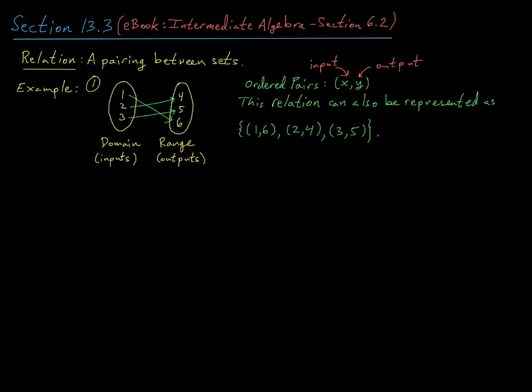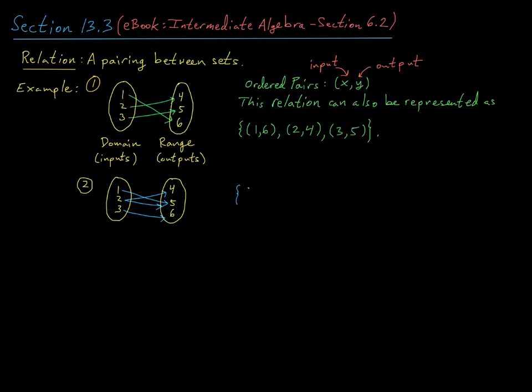All right, so here's another example. Let's say I have the relation that sends 1 to 5, 2 to 4, 2 gets sent also to 5, and then 3 gets sent to 6.